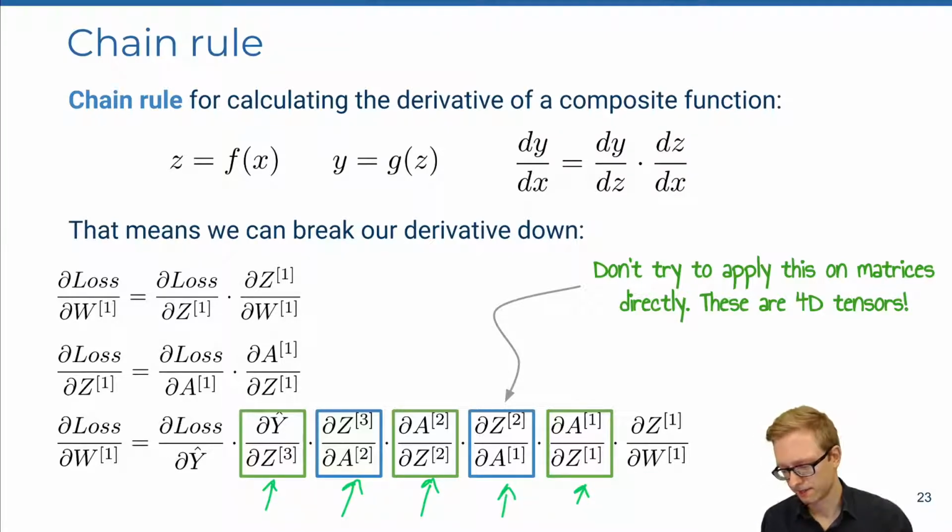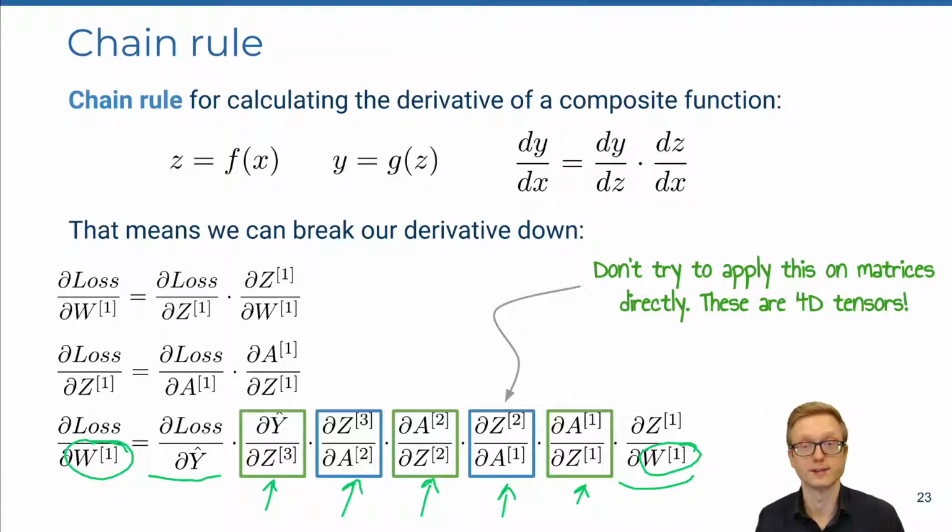And then at the very top, we have the partial derivative of the loss with respect to the output. And then at the very bottom, we have the partial derivative of the output of the first linear transformation at the very bottom of the network with respect to the weights of that linear transformation, and these are the weights that we are trying to update. So these are the same weights.